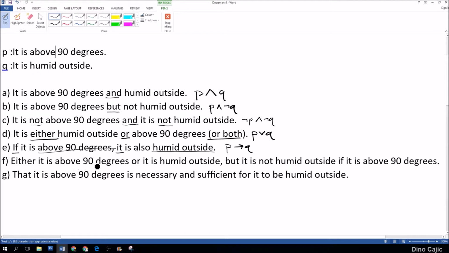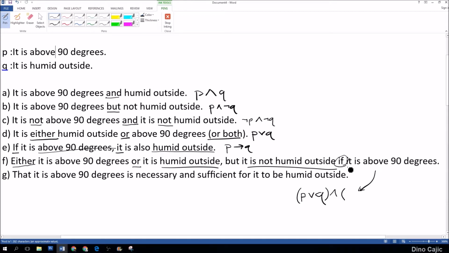The next one, either it is above 90 degrees or it is humid outside, but it is not humid outside if it is above 90 degrees. Seems like a tricky one, so let's go ahead and put it down here. So either or, so we'll go ahead and put this, either it is above 90 degrees, so either P, or humid outside, or Q, but, so we know that's an and. This one is a little bit trickier. It is not humid outside if it is above 90 degrees.